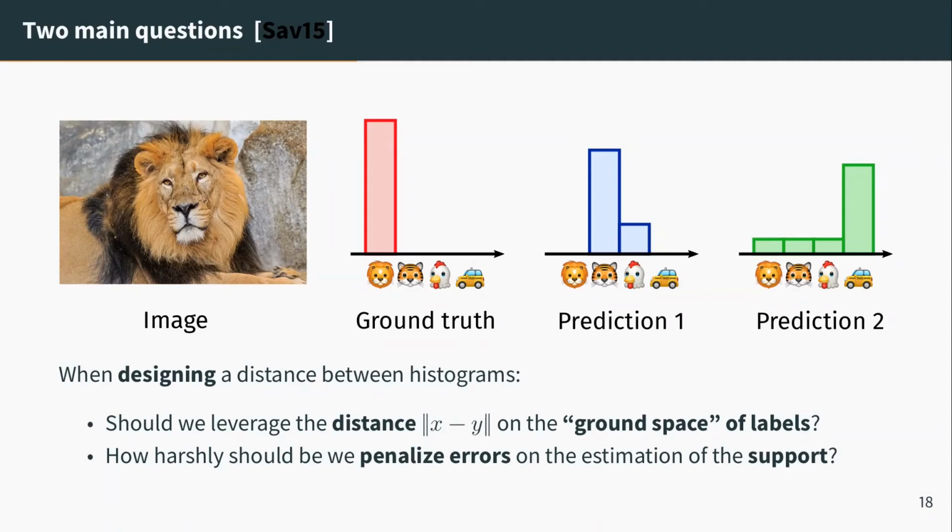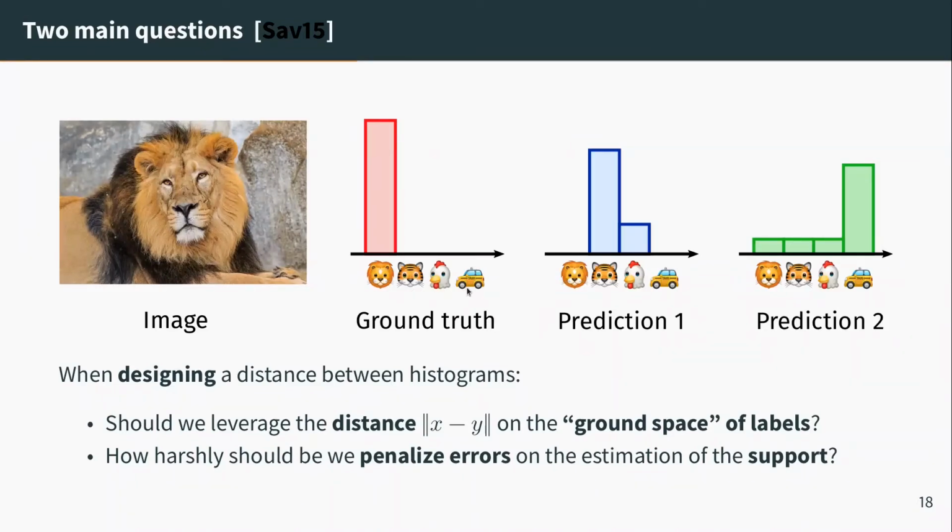So we have an image, clearly a lion, and the ground truth label is a histogram over my 4 classes, that associates a weight of 1 to the class lion and a weight of 0 to the classes tiger, chicken, and taxi.